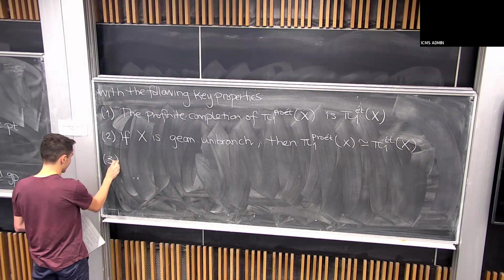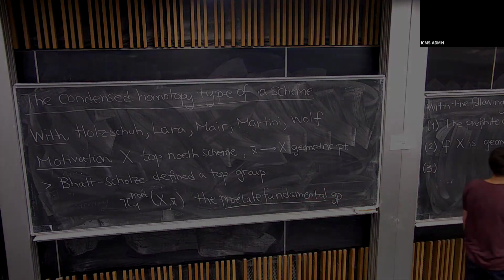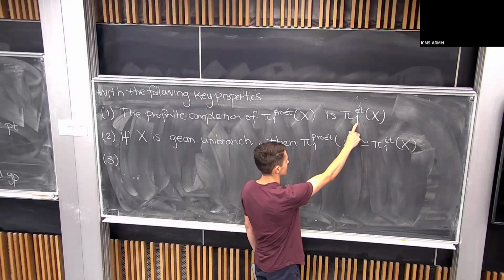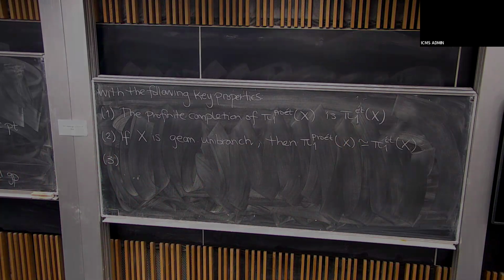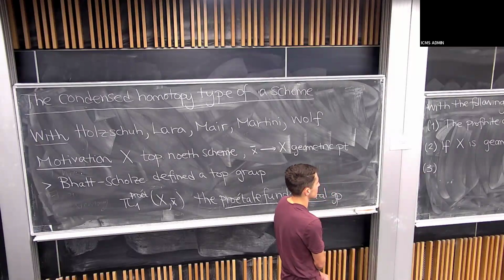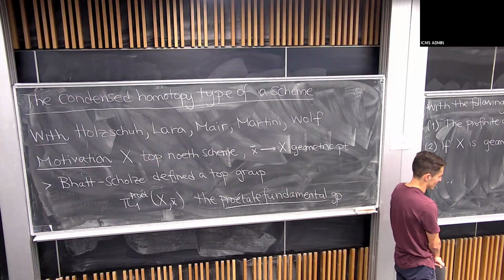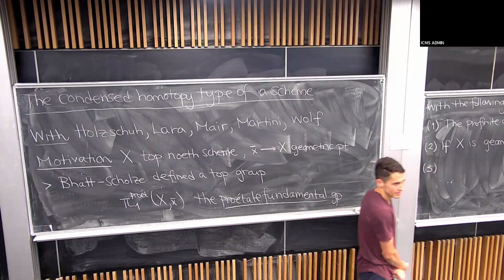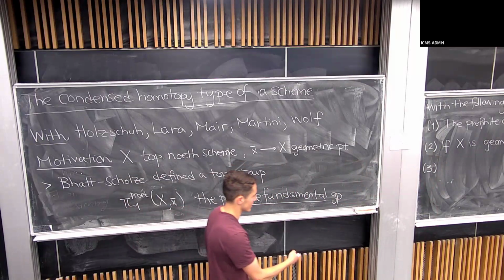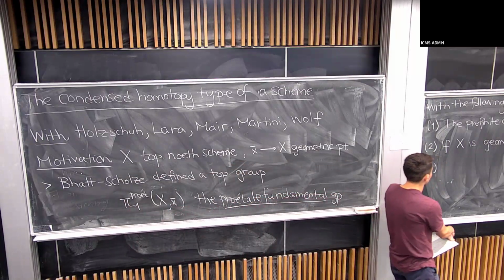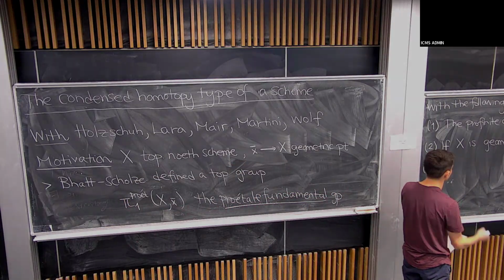And one reason that they don't is that in general, this Étale fundamental group doesn't classify local systems with coefficients in somewhat complicated topological rings like QL. And this is of interest in arithmetic geometry, trying to understand local systems with coefficients in rings like QL or other topological rings.